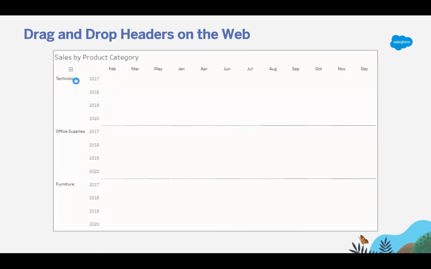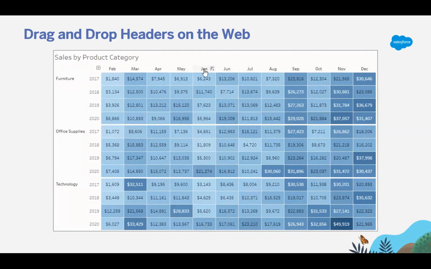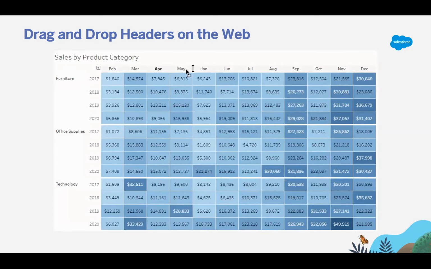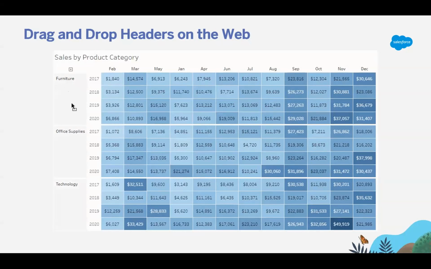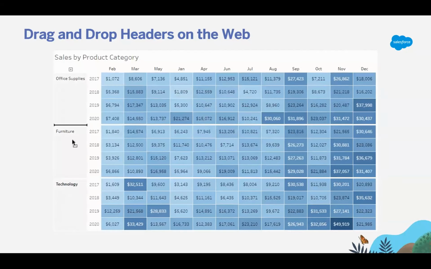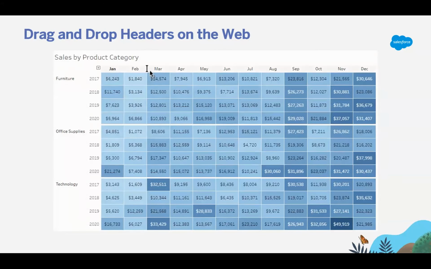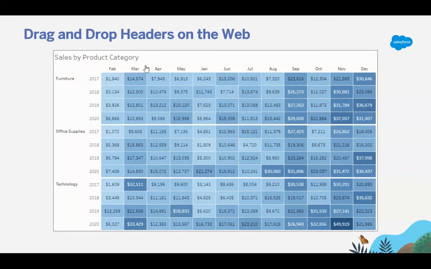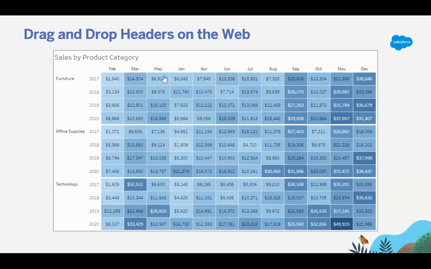Now I can use my browser search capabilities, the Chrome browser or Safari browser search, to look for text in those headers or on those axis objects. So if I did a search on technology, I'll be able to find that on my chart. It's really helpful when you've got a lot of large charts with a lot of complex things going on. If you're looking for a specific item, those headers and axis headers are all HTML items, so now I can do a quick browser search to find them inside of my browser.